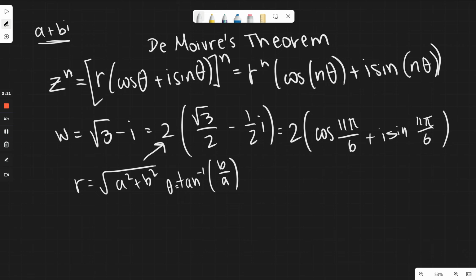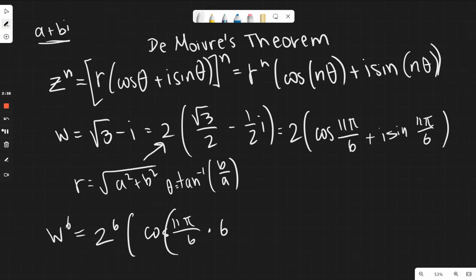And now let's say we want to raise this to the 6th power. So w to the 6th power would be 2 to the 6th times cosine of 11 pi over 6 times 6, plus i sine of 11 pi over 6 times 6.